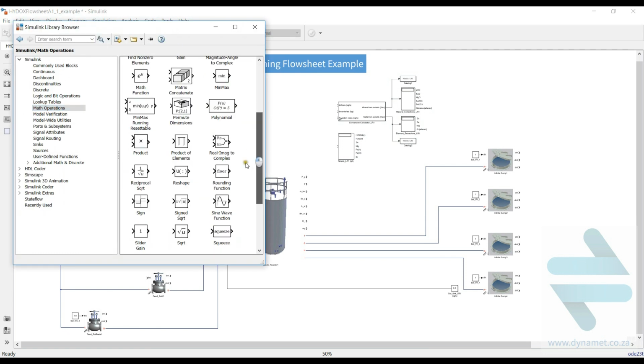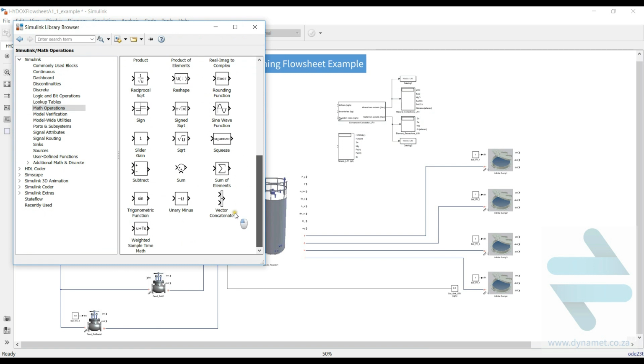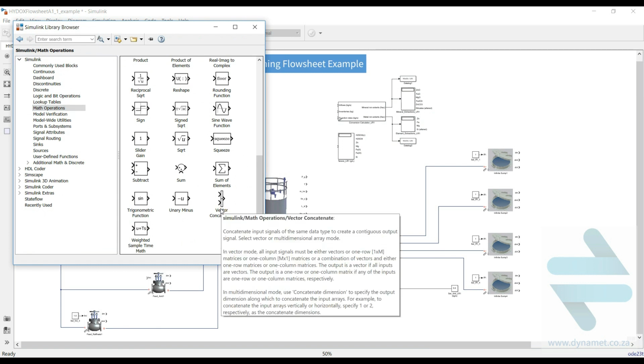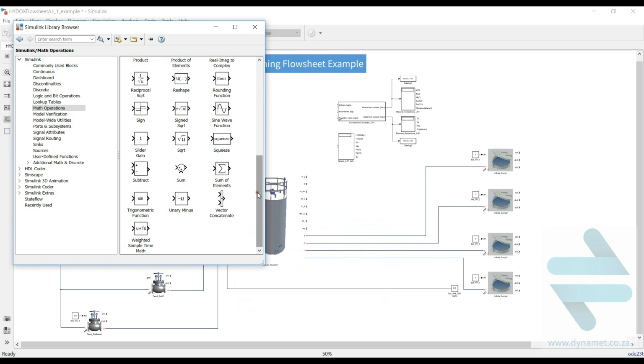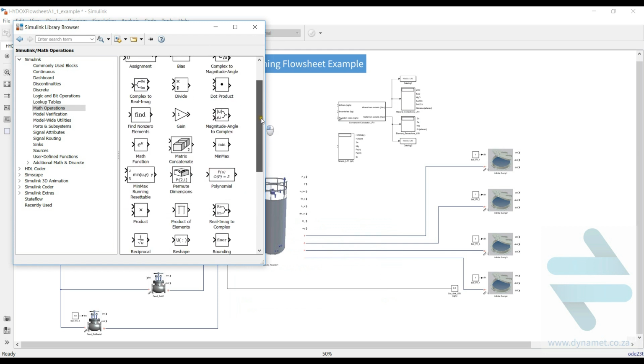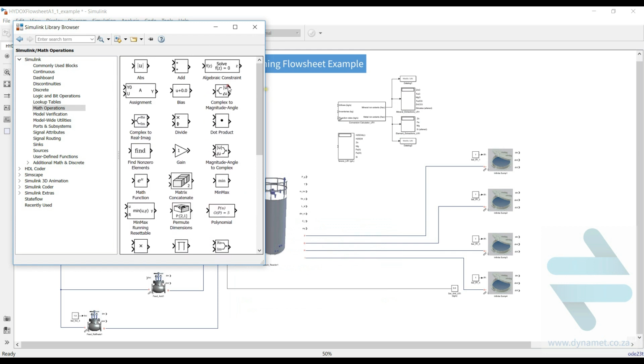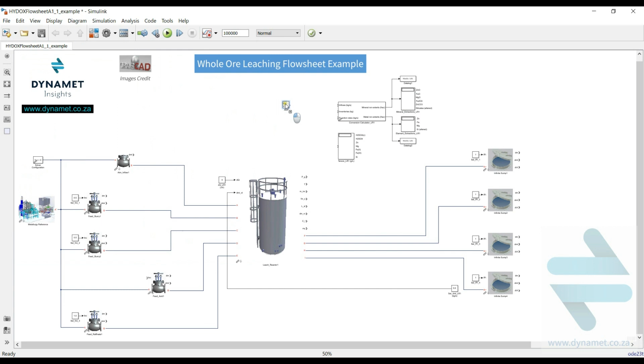So let's find that signal addition block, which is right at the top. So it's simply a matter of connecting the correct measured outputs to the correct calculator inputs.